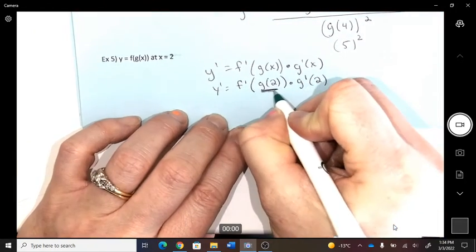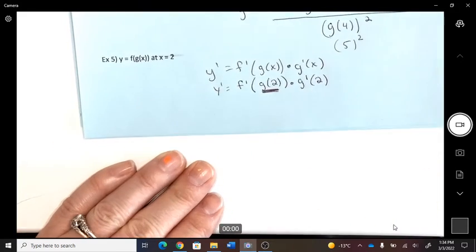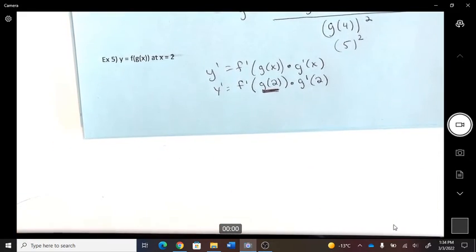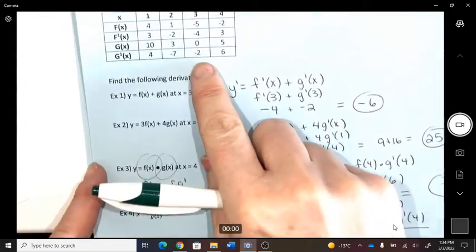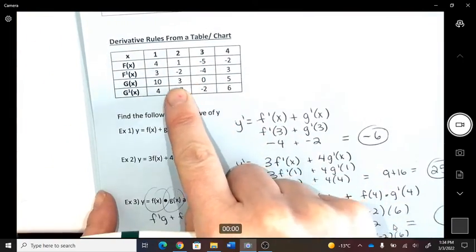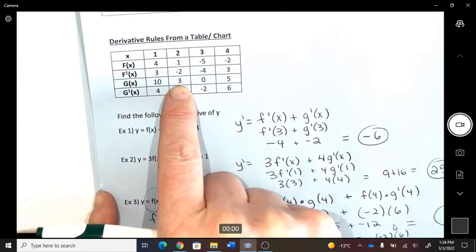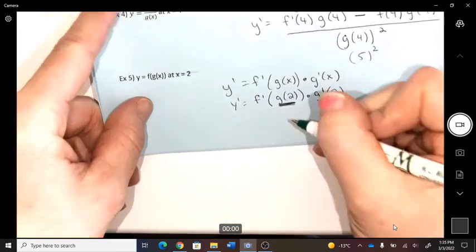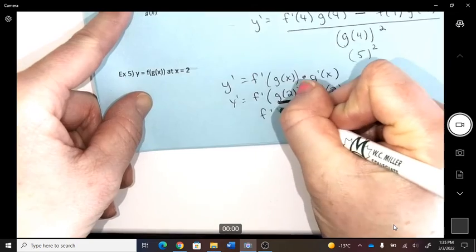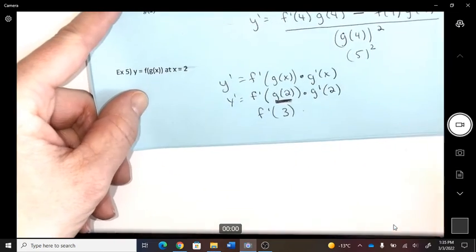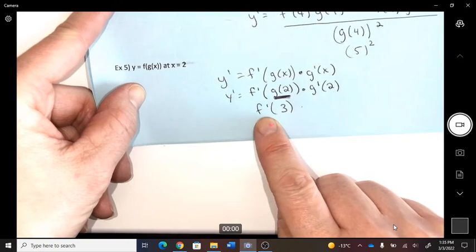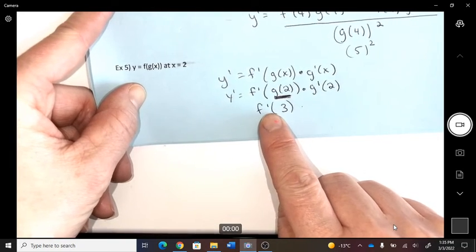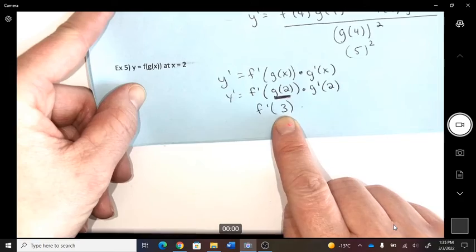Okay, I need you to get me this number first. What is the g of 2? So in your chart, what's the g of 2? So that's 3. Which now makes that question, what's the f prime of 3?